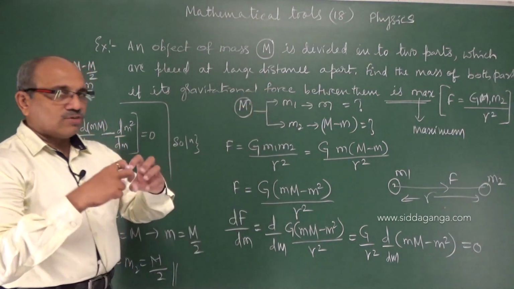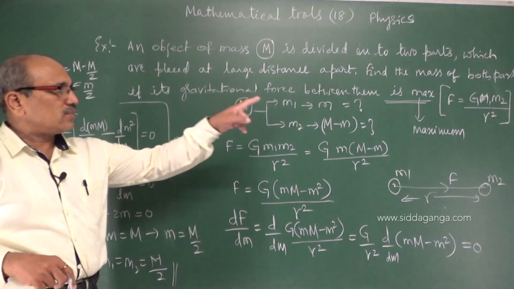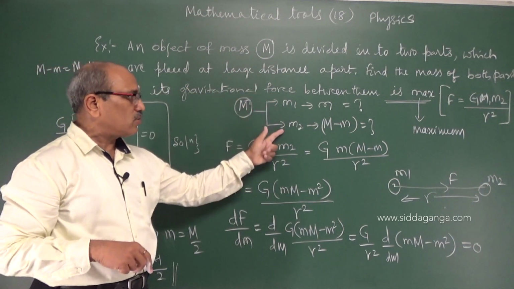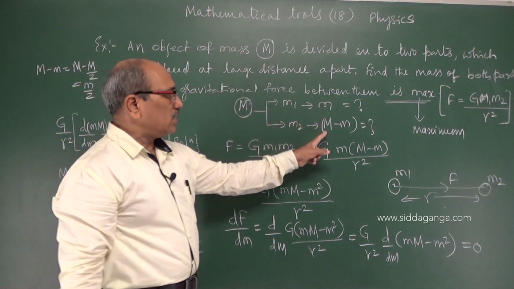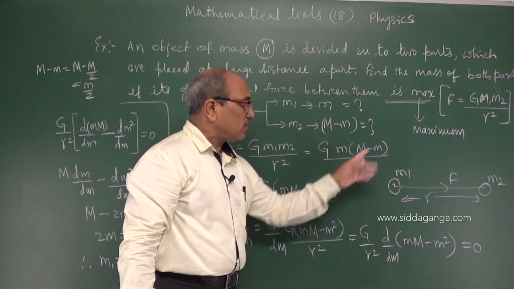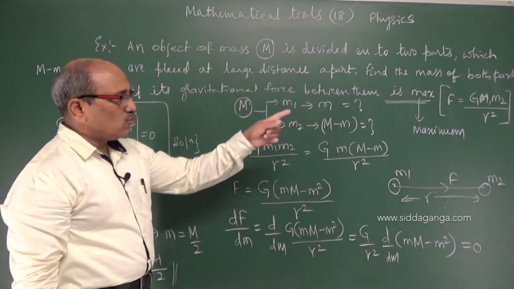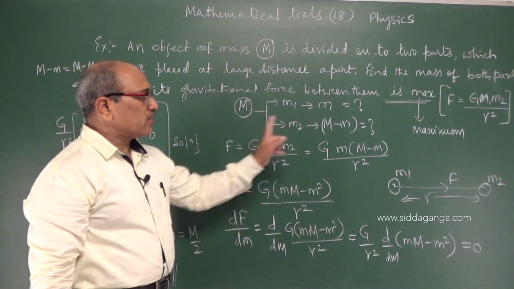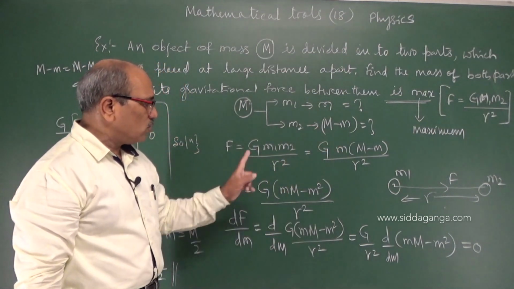How is the mass divided between them? To have the maximum force, the single mass is split into two masses, m1 and m2. We take one as m and the other as M minus m. Show G m into M minus m by R square from the given equation. So to get the maxima, we have to find the differentiation of this function with respect to the variable mass m. That should go to 0.